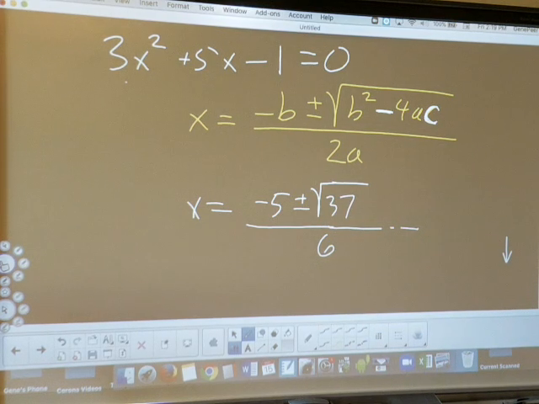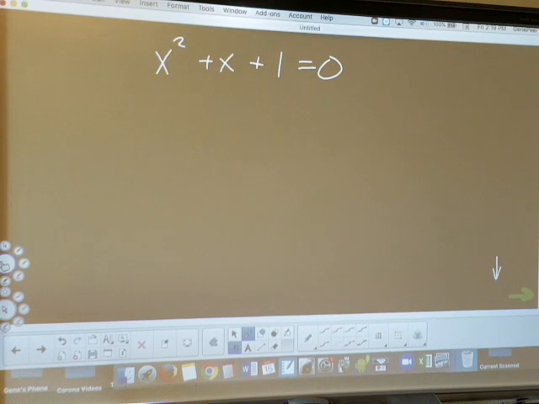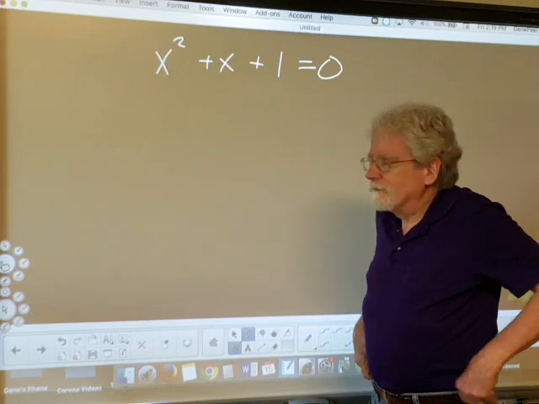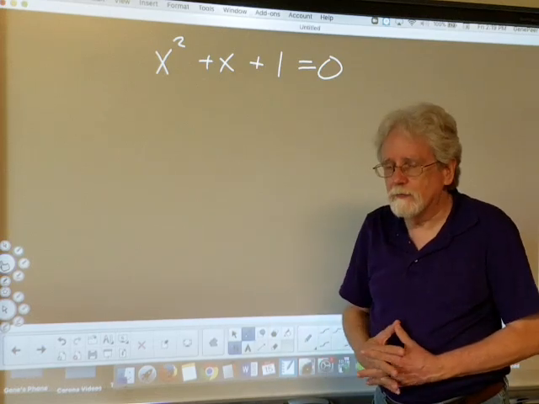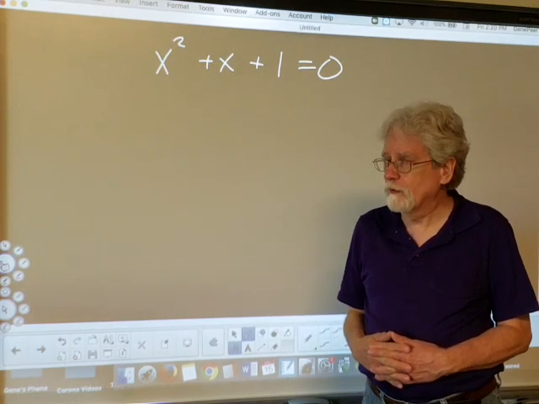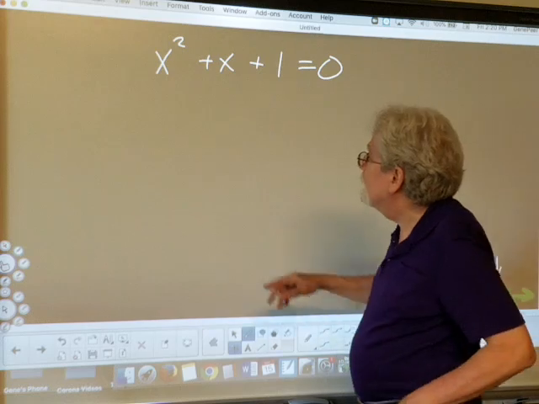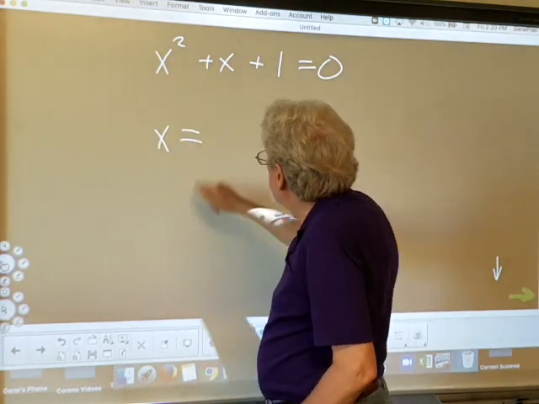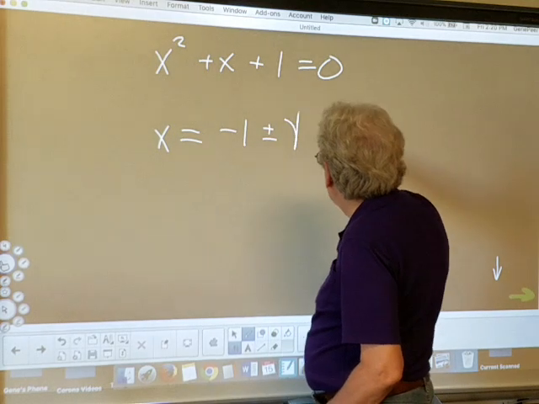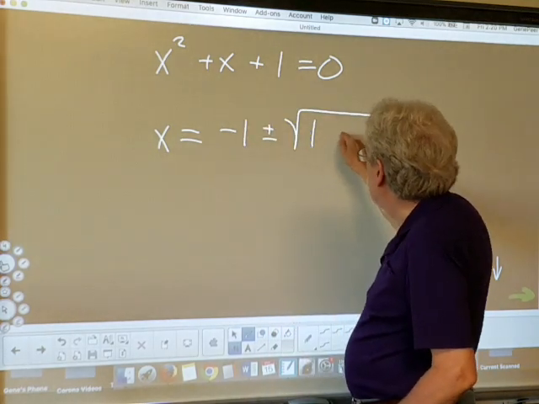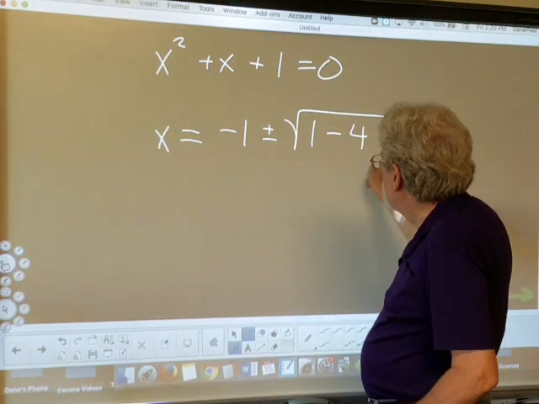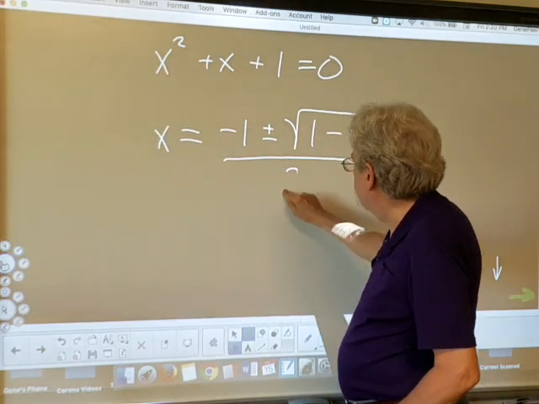Okay. We have another example here. This time, what's a? Yeah, a is 1. What's b? b is also 1. What's c? c is also 1. Well, this one should be really easy because everything's 1. Yep, I would agree. x equals inverse b, that's -1, plus or minus square root of b squared, that's 1, minus 4 times 1 times 1, that's -4, all over 2 times 1, that's 2.